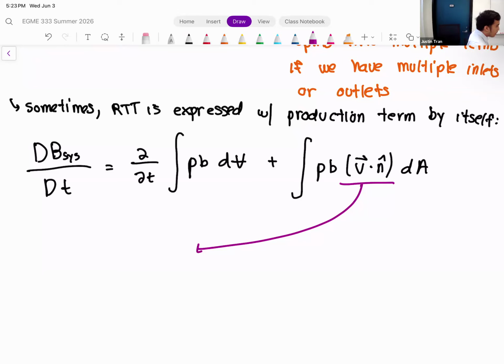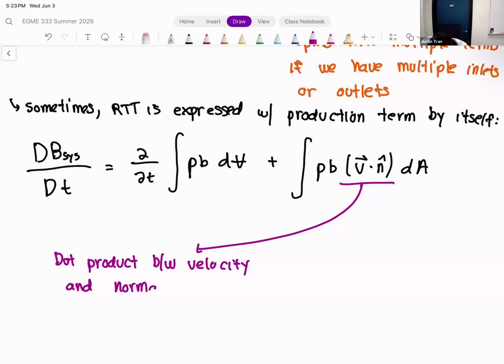Okay. So that term that I've underlined there is a dot product between the velocity and n hat, where n hat is what we call the normal. All right, so seeing a dot product there is a little bit scary, right?